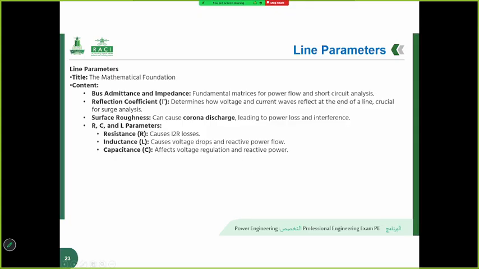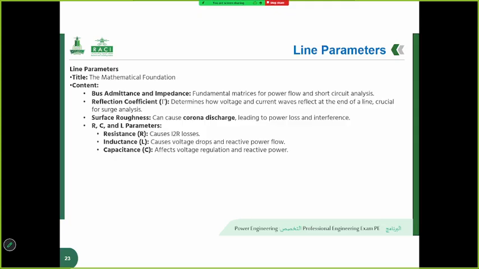The reflection coefficient, symbolized by gamma, is a parameter used in transient analysis to describe how voltage and current waves behave when they encounter a discontinuity, such as a load at the end of the transmission line. It is a ratio of the reflected wave to the incident wave.